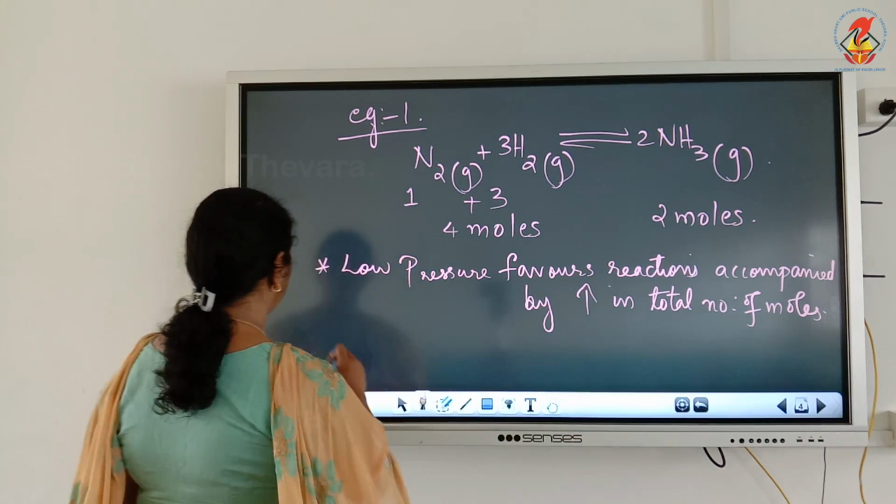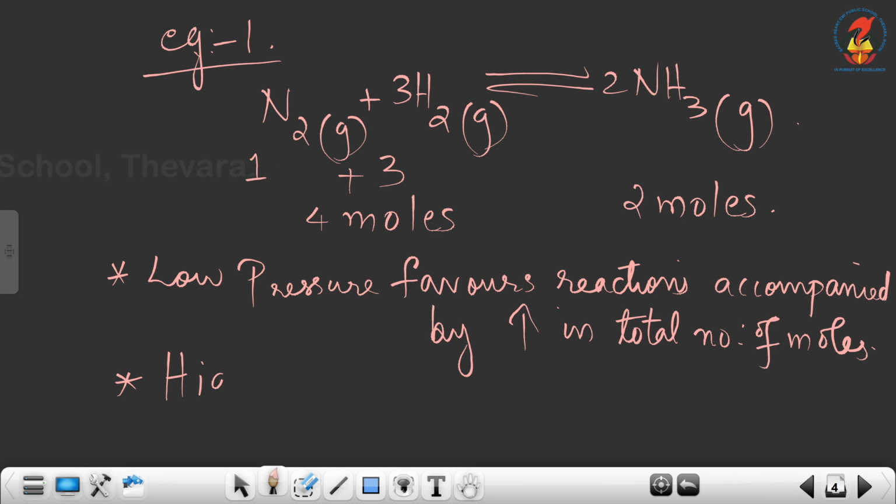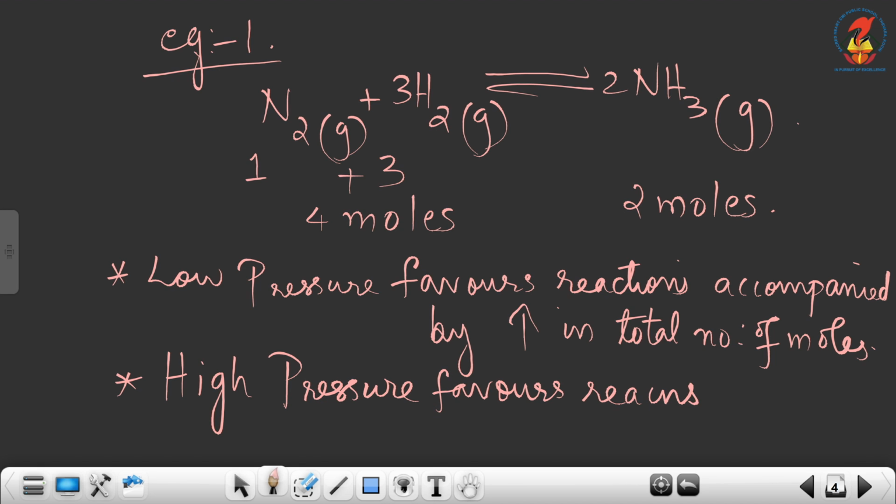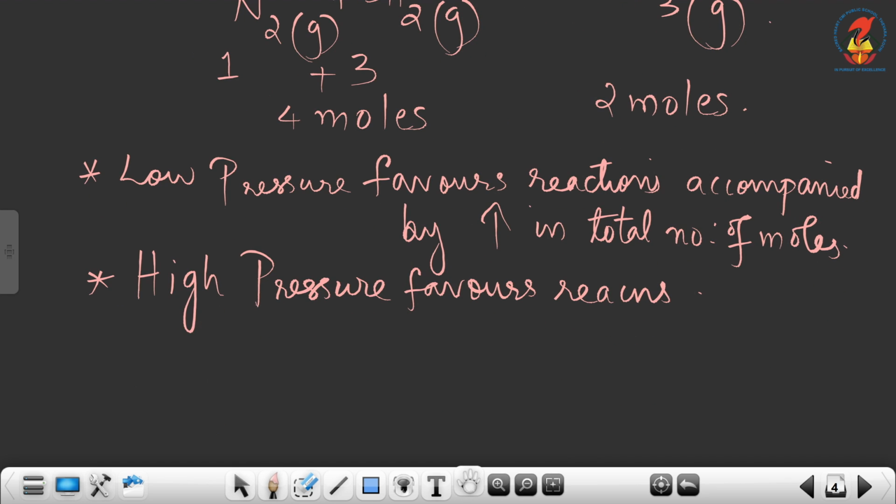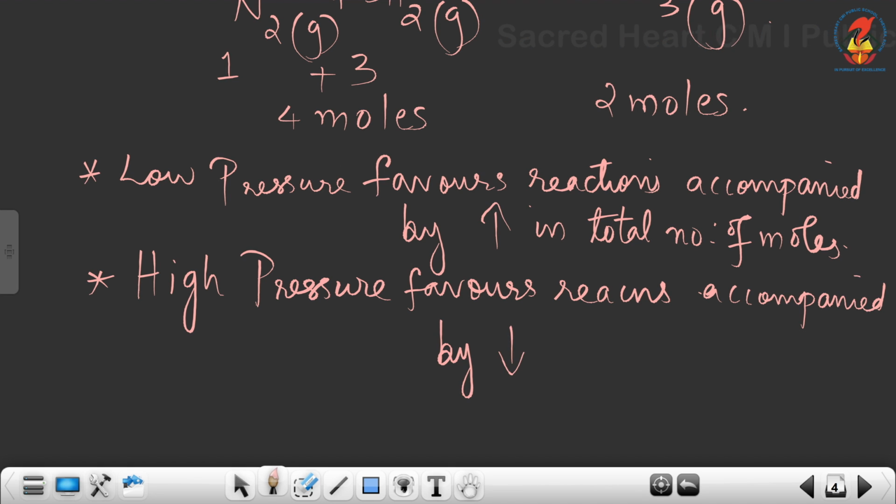Now the next point: high pressure favors reactions accompanied by decrease in total number of moles.